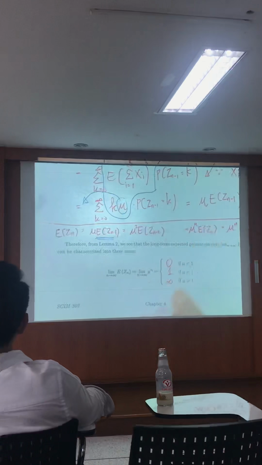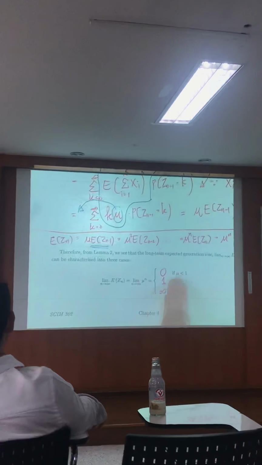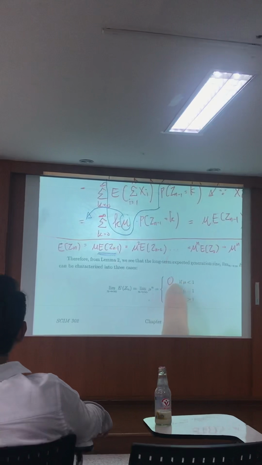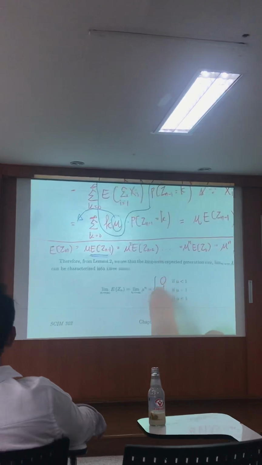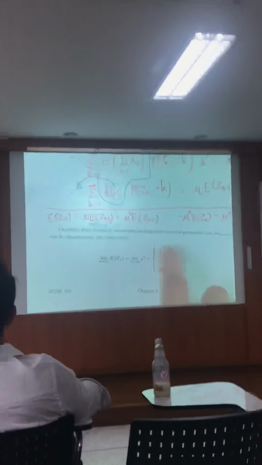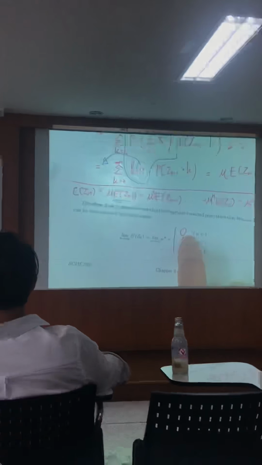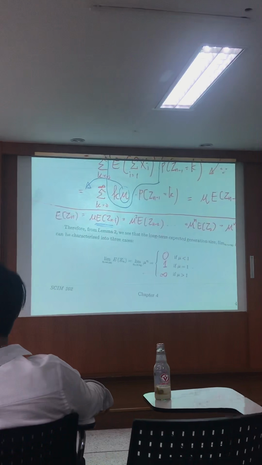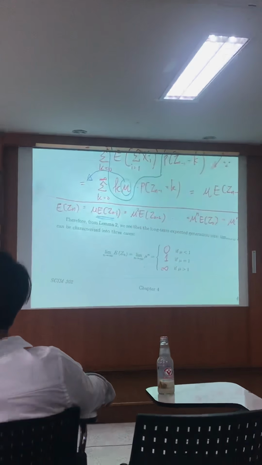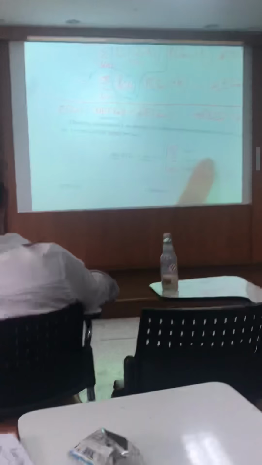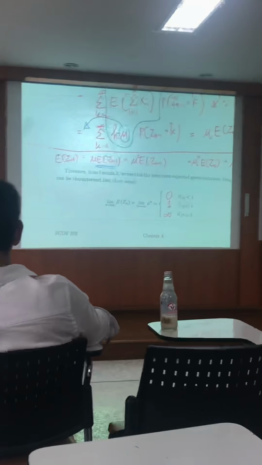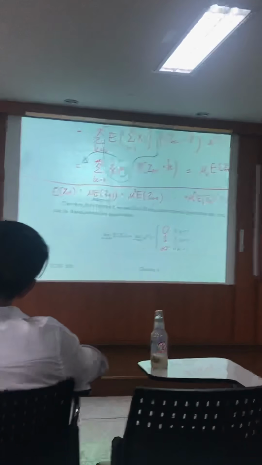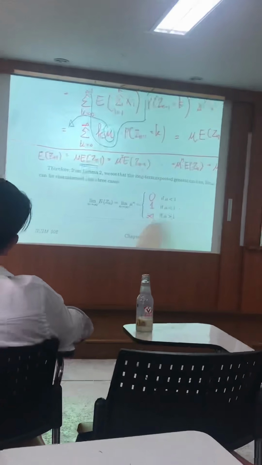By using calculus, if mu is less than 1, then taking the limit will be 0, right? That means in the long run, the mean of the generation size will be 0. If mu is 1, then it's stable, always 1. If mu is bigger than 1, then it will explode.